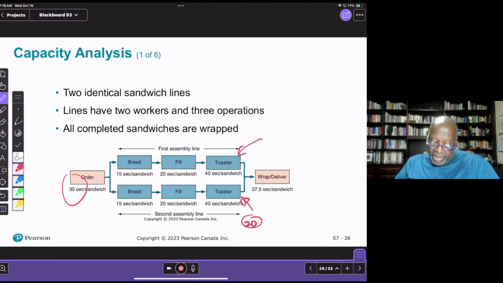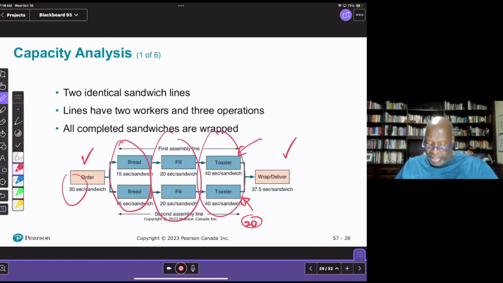So where is the bottleneck in this entire system? Is it here at the order? Is it here at the wrapping? Or is it in the bread, filling and toaster, the assembly line section? If we look at this, we're getting 2 every 15 seconds, 2 every 20 seconds, and 2 every 40 seconds.